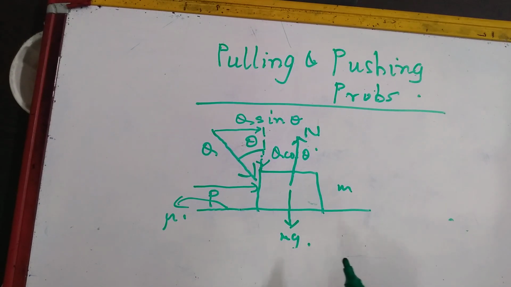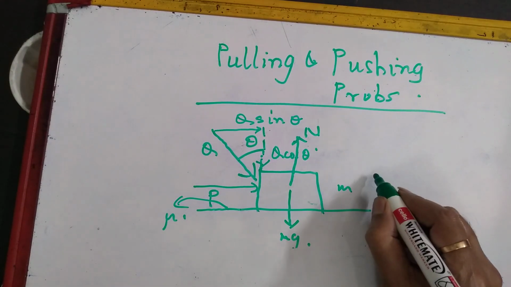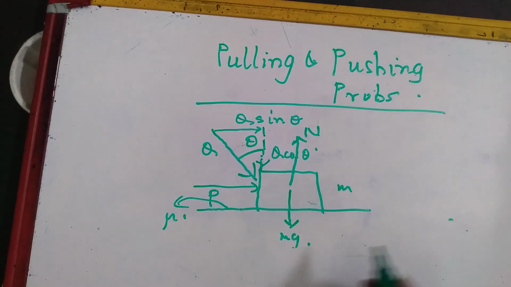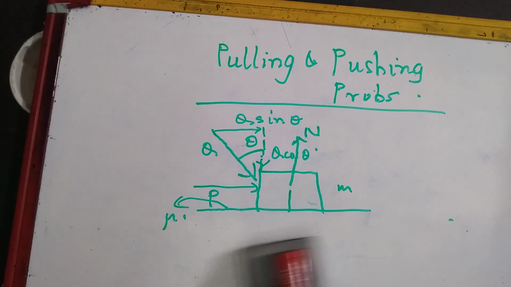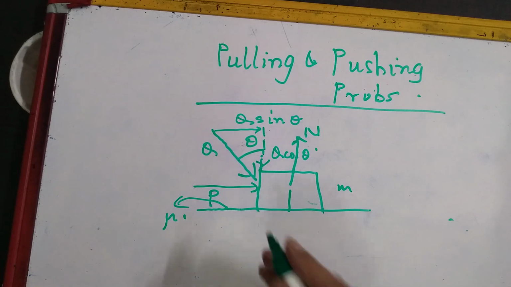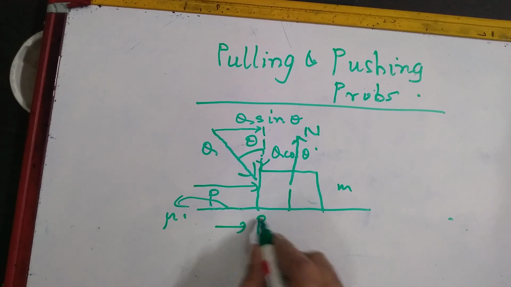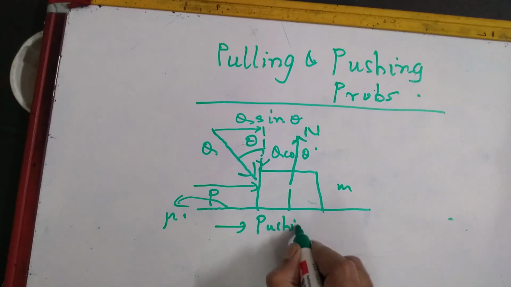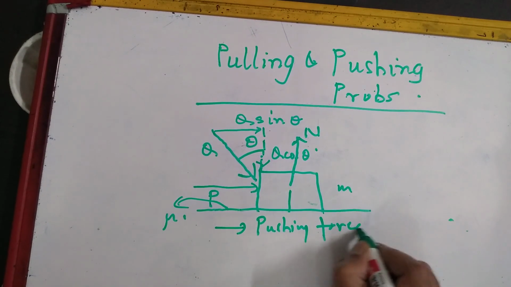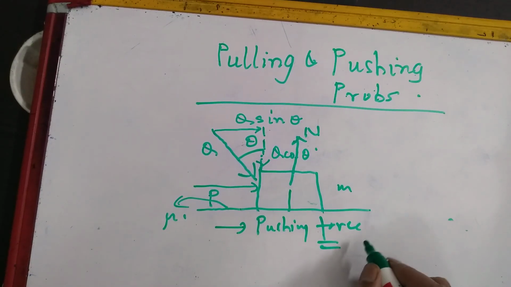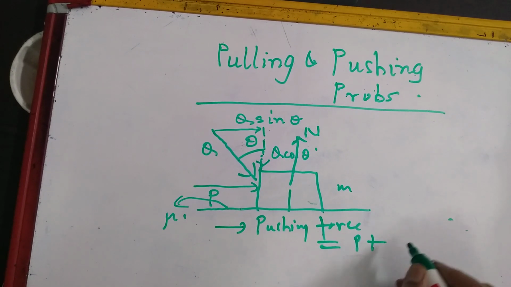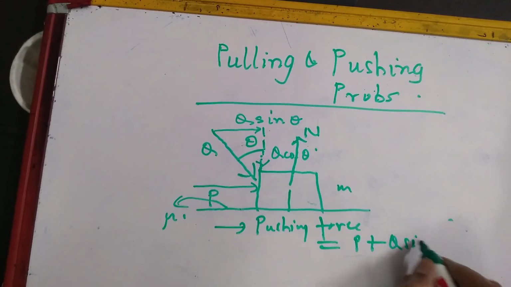And what is the pushing force? The pushing force, let me erase this part also. The net pushing force towards the right is equal to P plus Q sin theta.